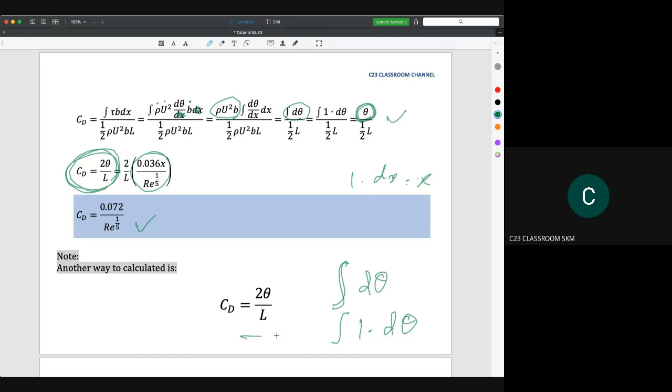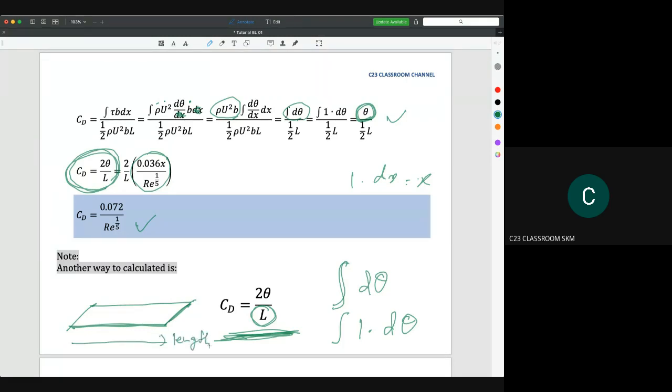Here, you can calculate the value of CD by using this equation, 2 theta over L. The term L here is equalized with X. Let's say we have a plate like this, and this is the length of the plate.